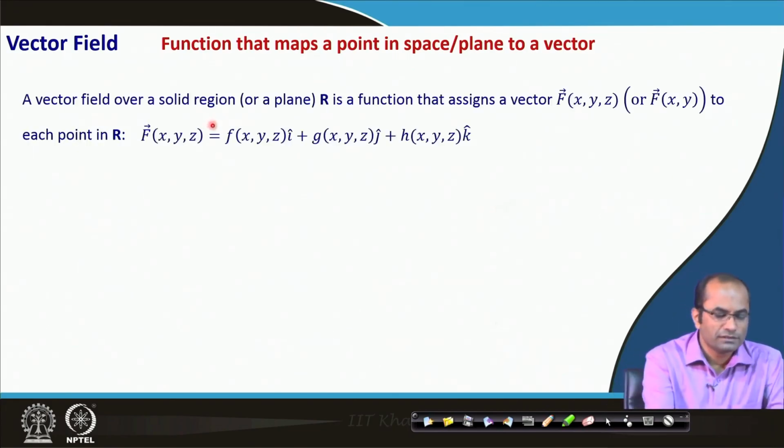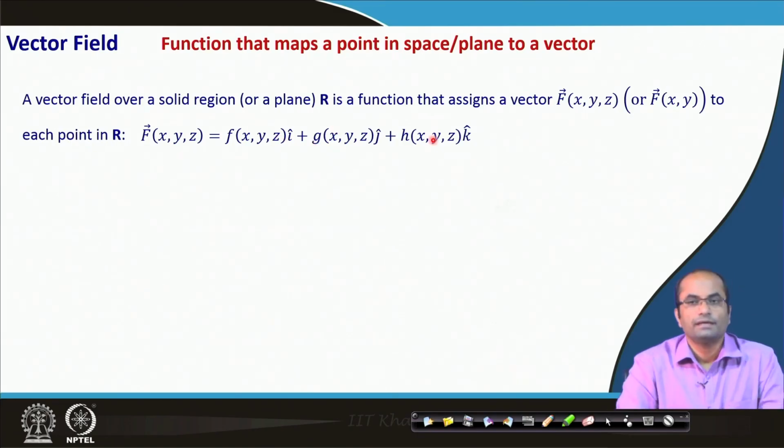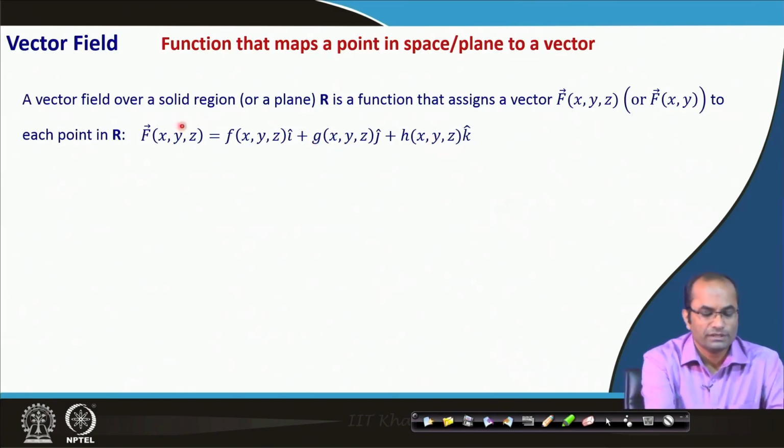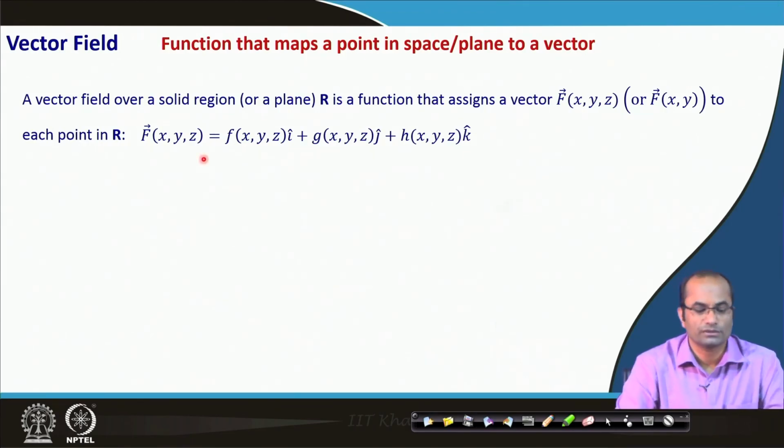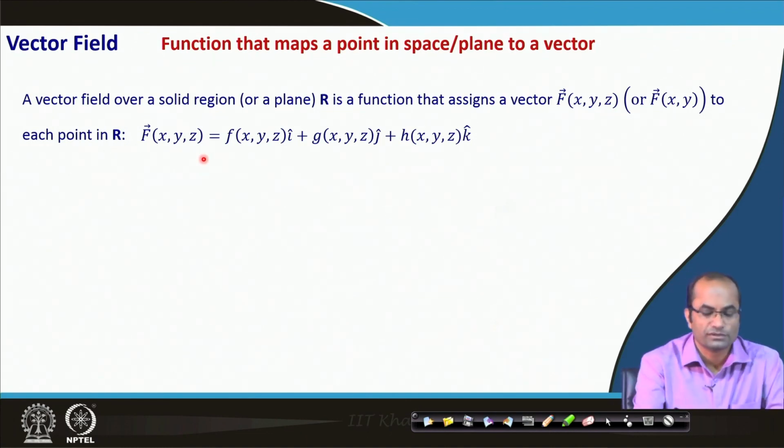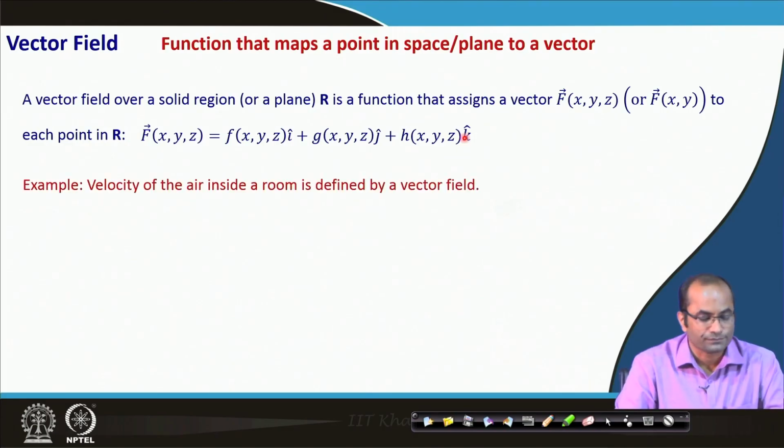So, we can define such a function by this vector f, whose components are given by f, g and h. What is important here is that we are supplying a point in a space, and we are also getting as output a vector. So, this is what we call in the vector setting a vector field. These are functions, for instance, from R3 to R3.